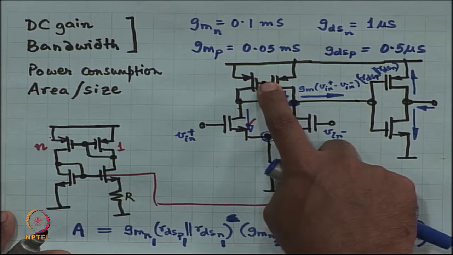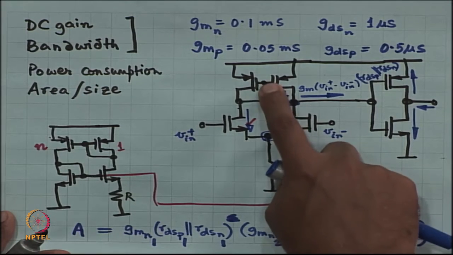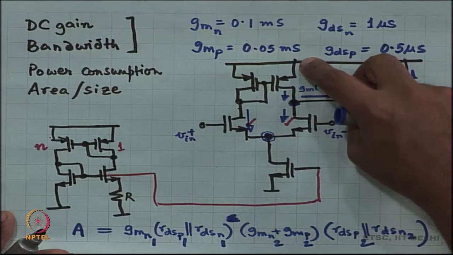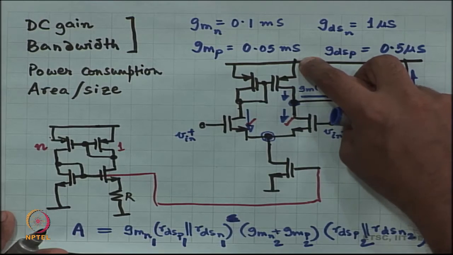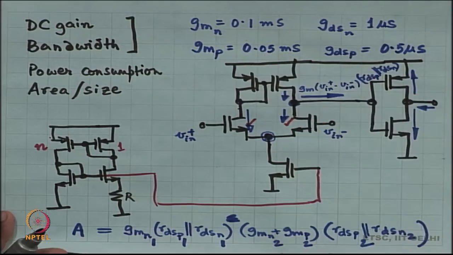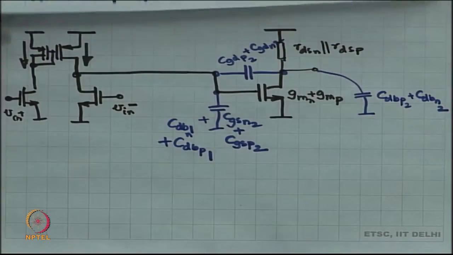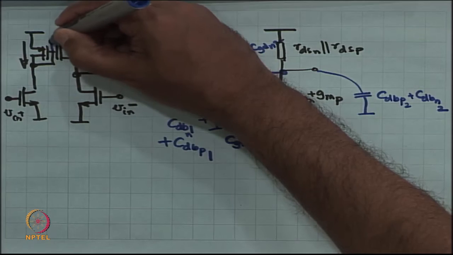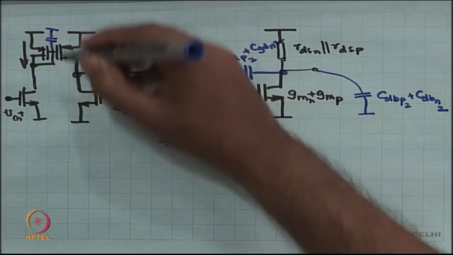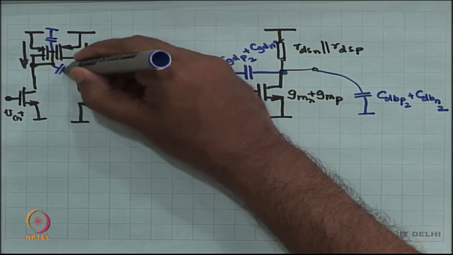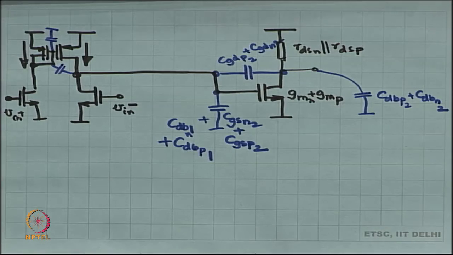Okay. I have drain to gate, I have source to body which is irrelevant, and I have gate to source. Something like this.